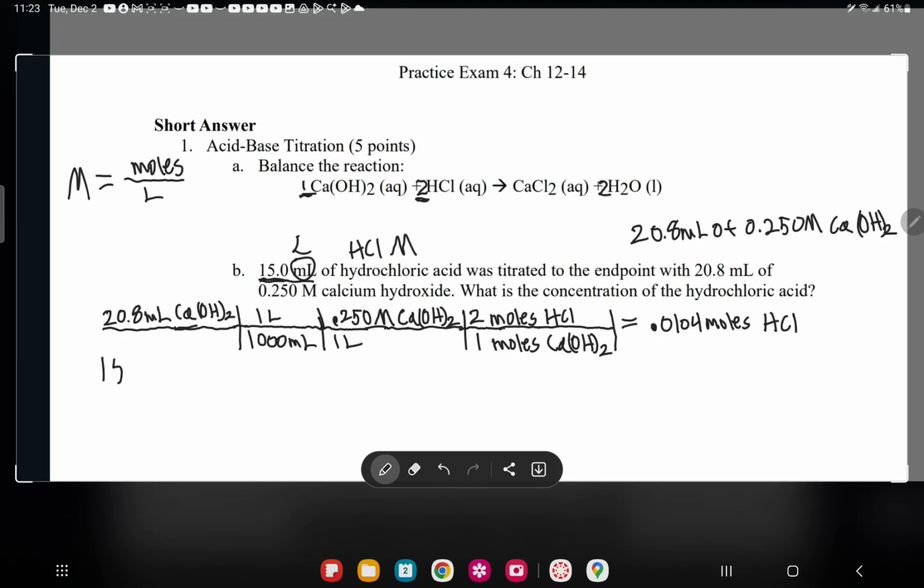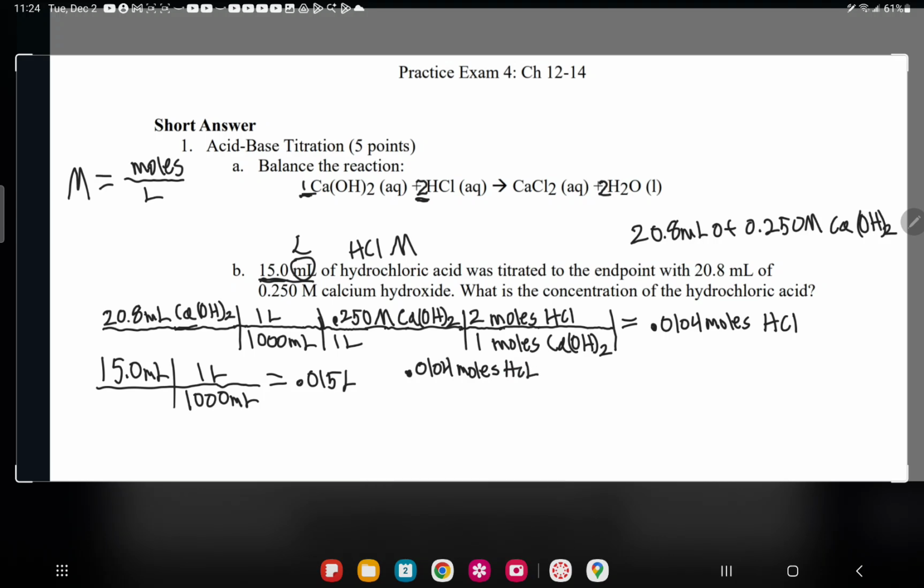So real quick, 15.0 mLs, 1000 mLs, 1 liter, equals 0.015 liters, and then we plug it in, right? 0.0104 moles of HCl over 0.015 liters.